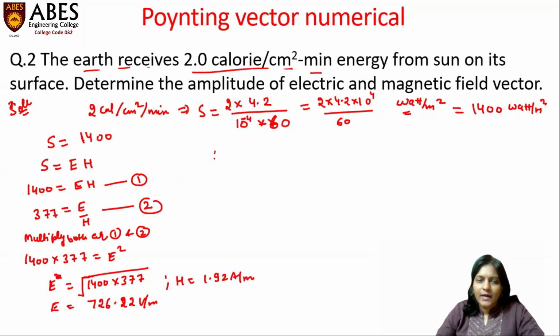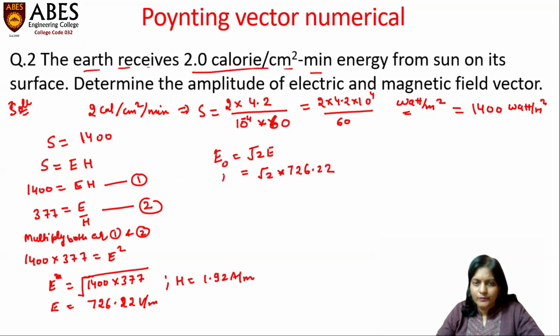And these are the RMS values. So the amplitude will be root 2 into E, which is root 2 times 726.22 volt per meter.